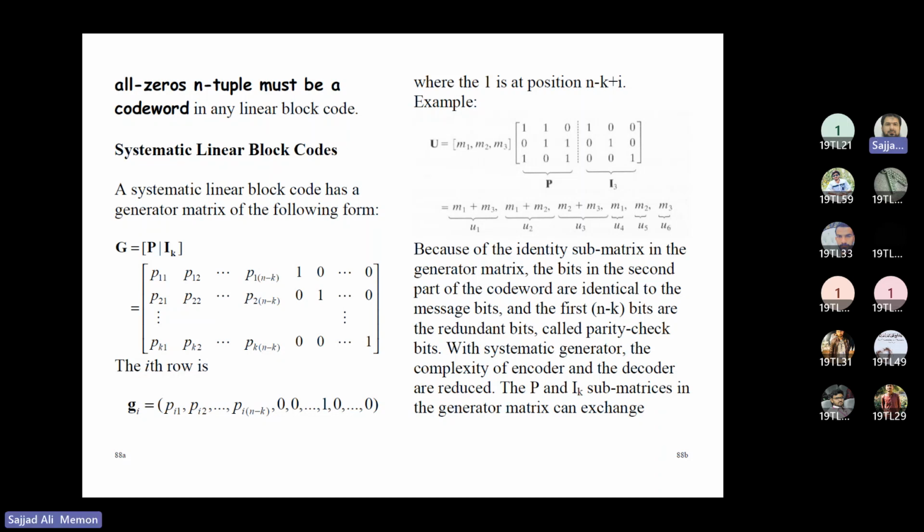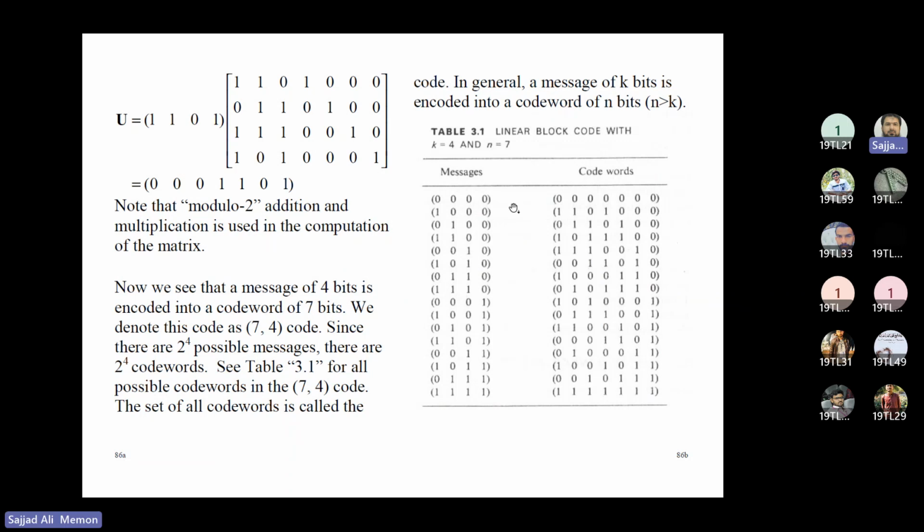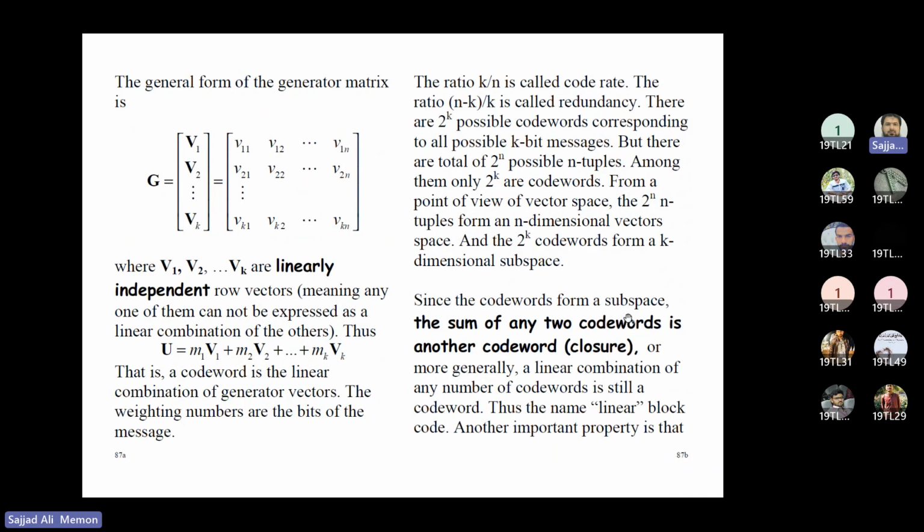Like in the previous example, you can see the all-zeros code word is also a code word, and any addition between two code words is another code word. So that is a closure property. This proves it to be a subspace of the vector space because it satisfies the properties.